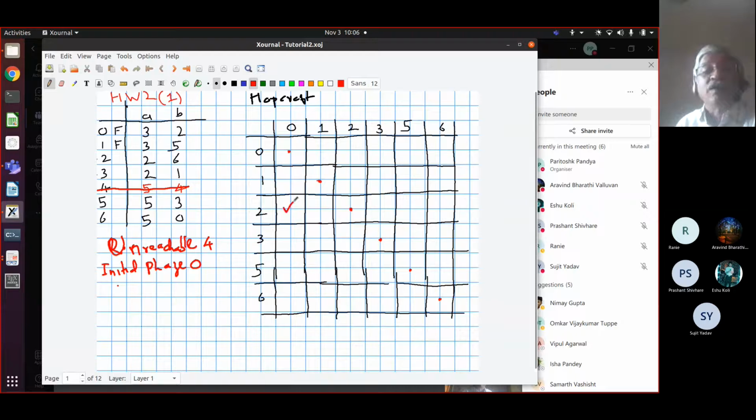So I'll put a tick here and a 0, saying I'm in the 0th or initial phase itself. If one of them is final and the other is non-final, we put a tick saying this pair can be distinguished by the string epsilon. The epsilon string will take 0 to a final state and it will take 2 to a non-final state. So there is a string which is separating these two.